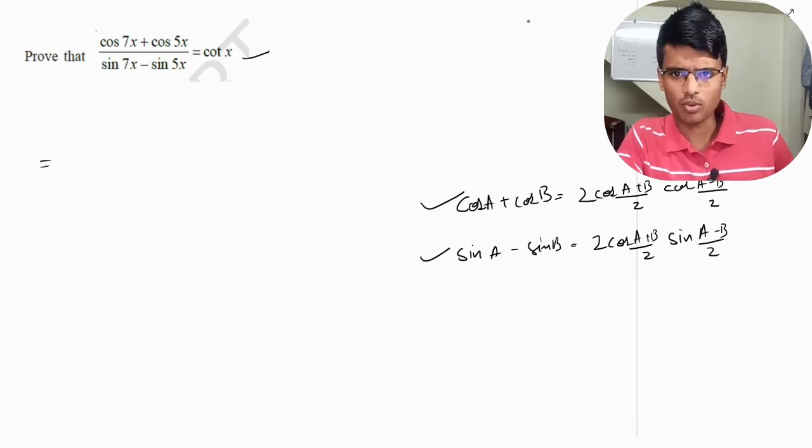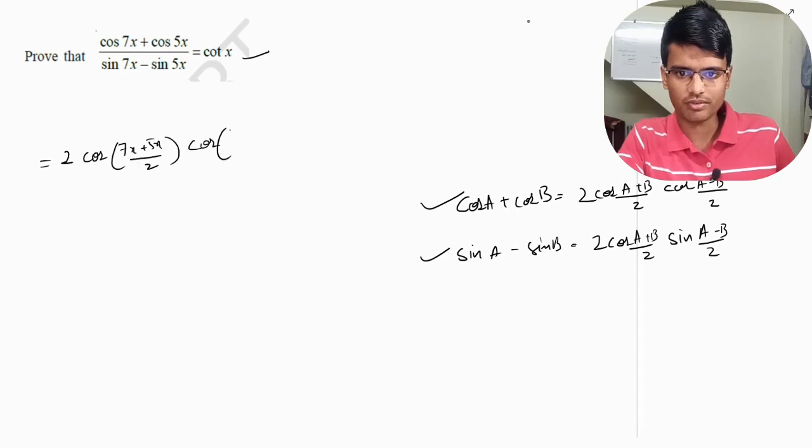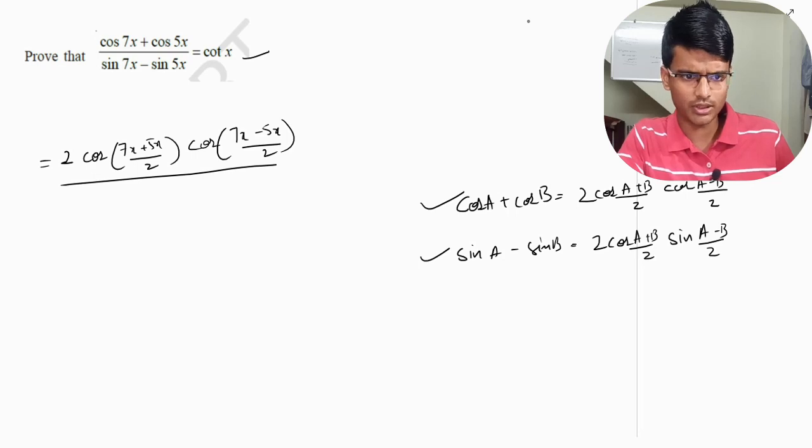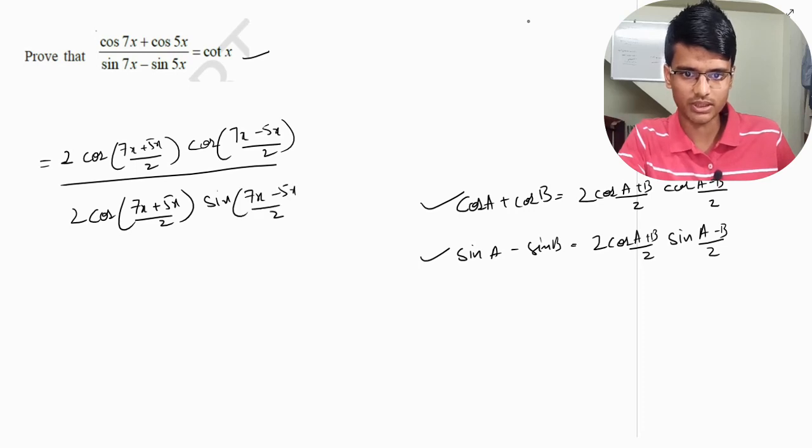So here I have cos 7x plus cos 5x, which will become 2 cos of (7x plus 5x)/2 cos of (7x minus 5x)/2, divided by, similarly in the denominator, 2 cos (7x plus 5x)/2 sin (7x minus 5x)/2.